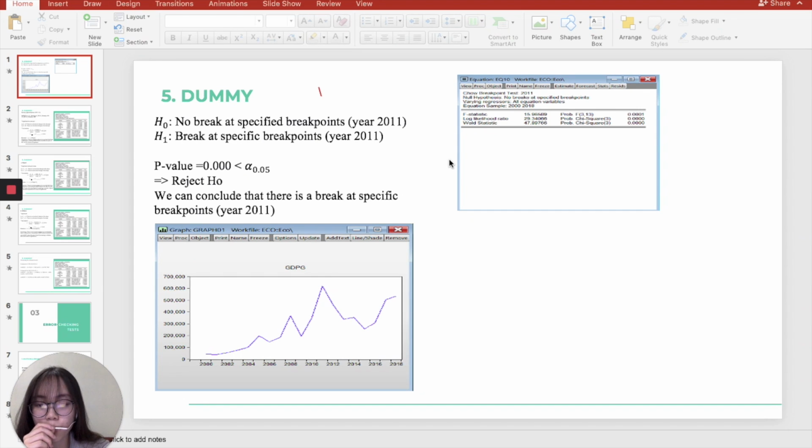First of all, we check whether there's any breakpoint in 2011 or not by using the Chow breakpoint test, and we can easily see from the EViews output the p-value is smaller than 0.05, so we can reject H0 and conclude that there is a break at the specific breakpoint year 2011, and therefore the dummy equal to 1 is for the period after 2011, and the dummy equal to 0 is for the period before 2011.